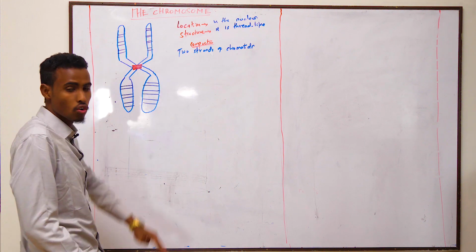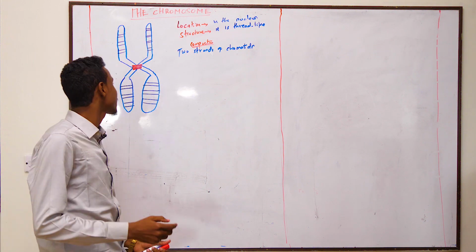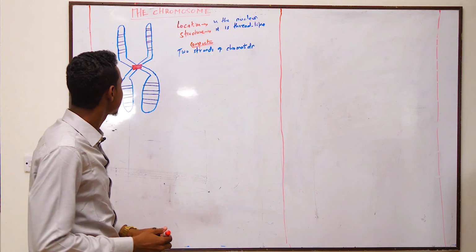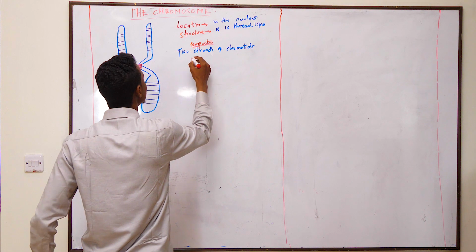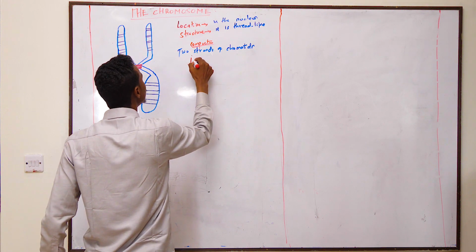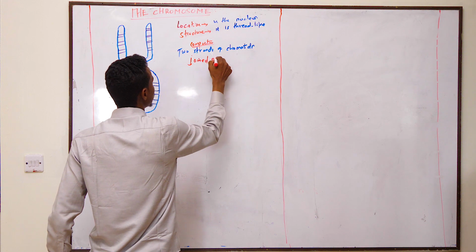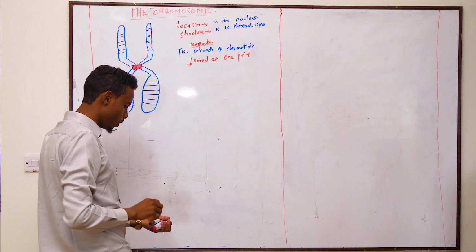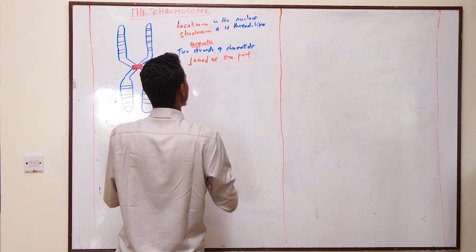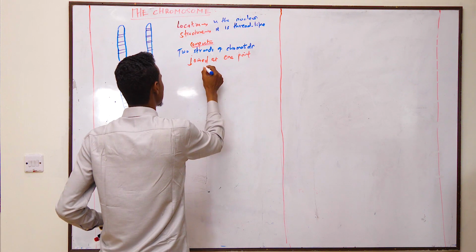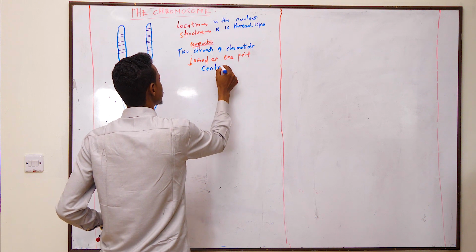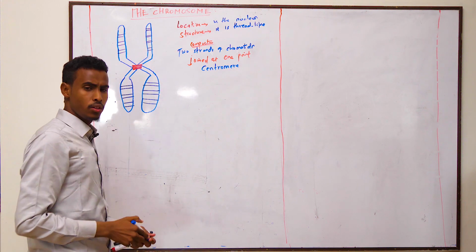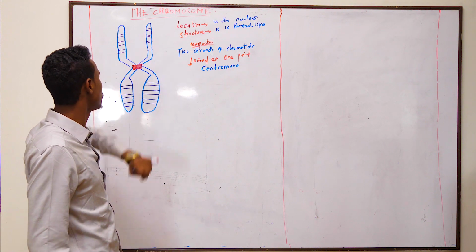Now, the 2 strands of chromatids are joined at one point by a structure called the centromere.